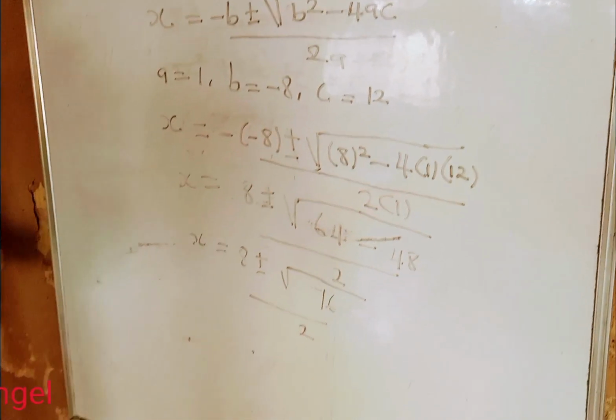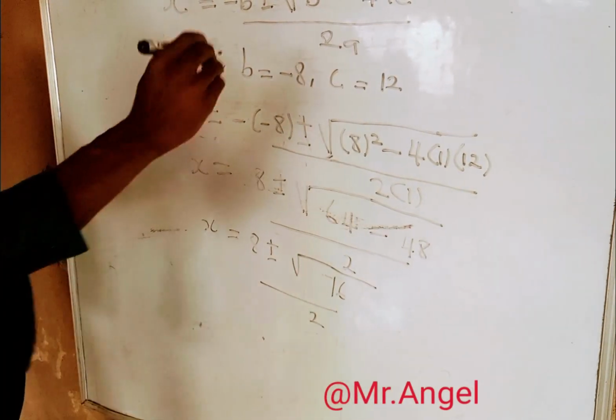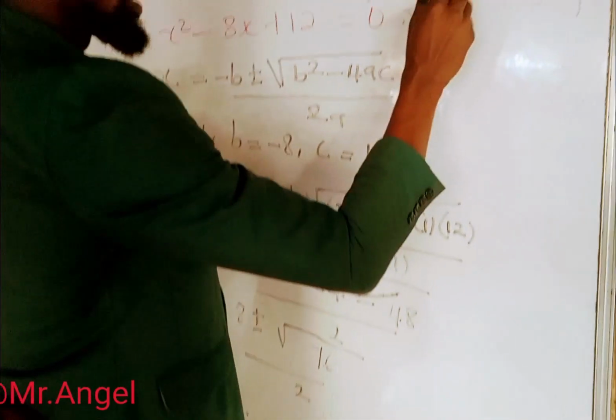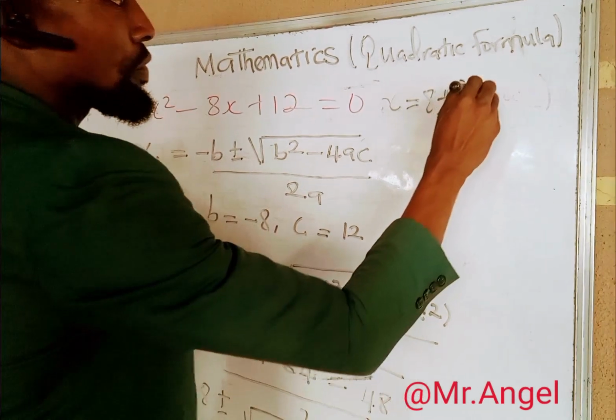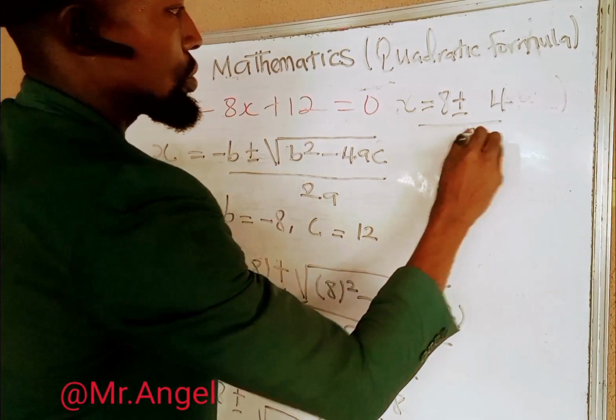So from here, I want you to see what I'm doing. s equals 8 plus or minus root 16, and root 16 is 4, then divided by 2.